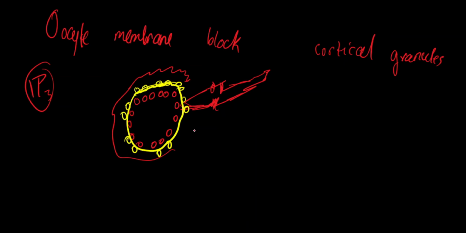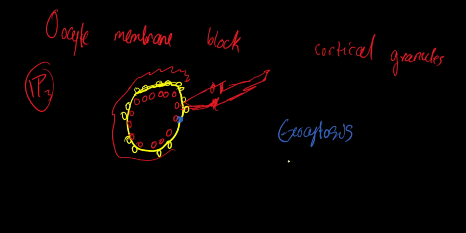What happens is that we have a fusion of the cortical vesicles with the plasma membrane, and their content is taken out of the plasma membrane by the process of exocytosis. So basically we have something that looks like this.